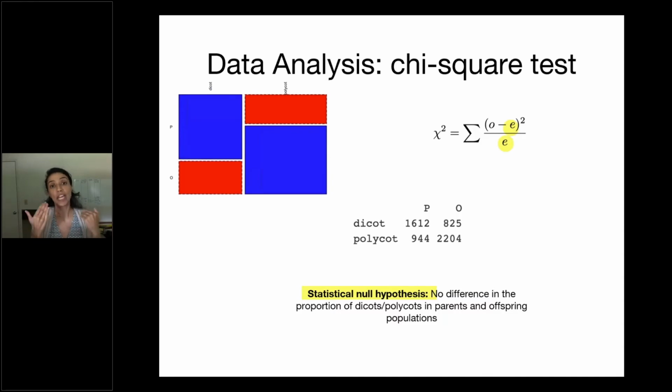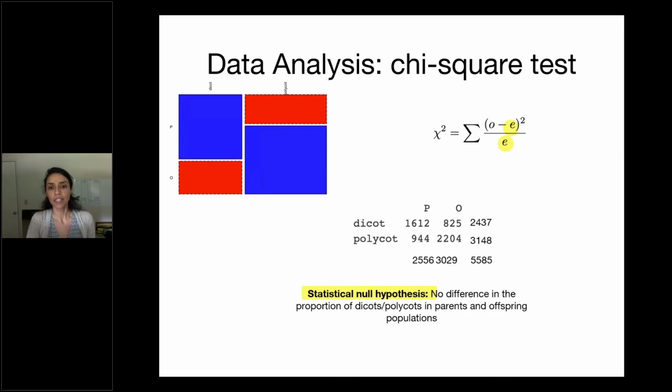And if we had specific proportions that we would expect, for example, for a Mendelian trait, those could be your expected values. In this case, we don't know what proportion we would expect, but we know that we expect them to be the same. If there is no selection, then the proportions in the parents and in the offspring should be the same. So that's what we would expect under the null hypothesis.